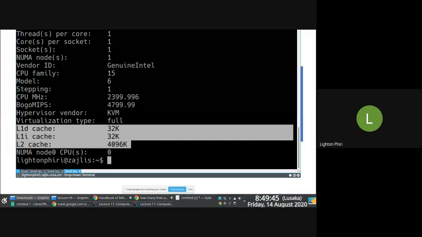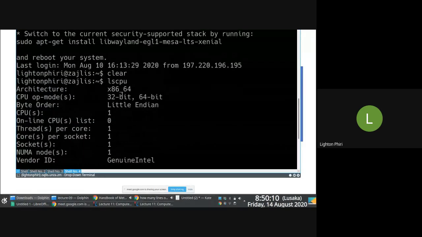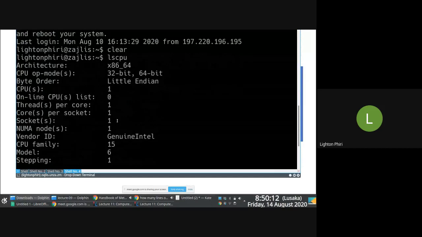So the idea behind the different levels of cache is you have certain levels of cache that are accessible by the individual cores associated with the CPU, and certain types of caches that are shared by the cores associated with that CPU. So if you have a quad core processor, for instance, let me see here, this is a dual core, quad core, number of sockets, oh, single core, sadly.